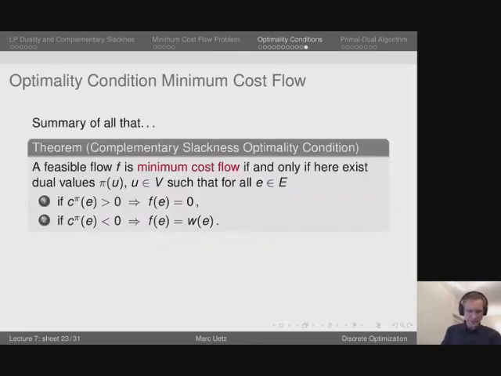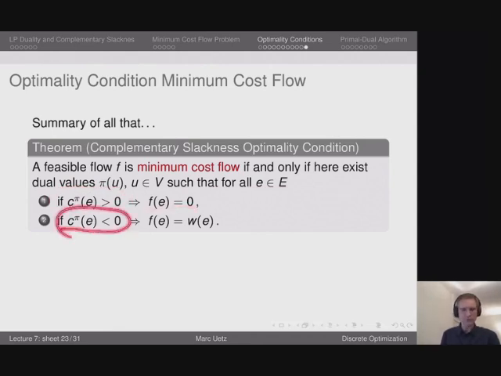Okay, so that's the theorem again, complementary slackness optimality condition. I just summarize what I already said. A feasible flow is a minimum cost flow if and only if in the corresponding LP formulation it fulfills complementary slackness. And that means if there exist dual values pi for the nodes, such that for all edges of the graph, if the reduced cost coefficient is strictly larger than 0, the flow value is equal to 0.